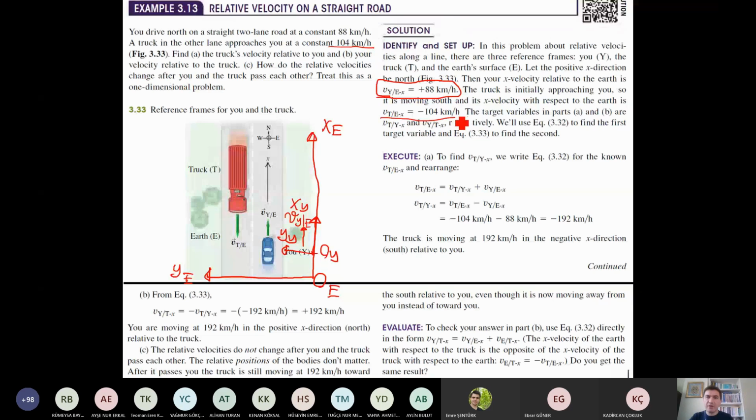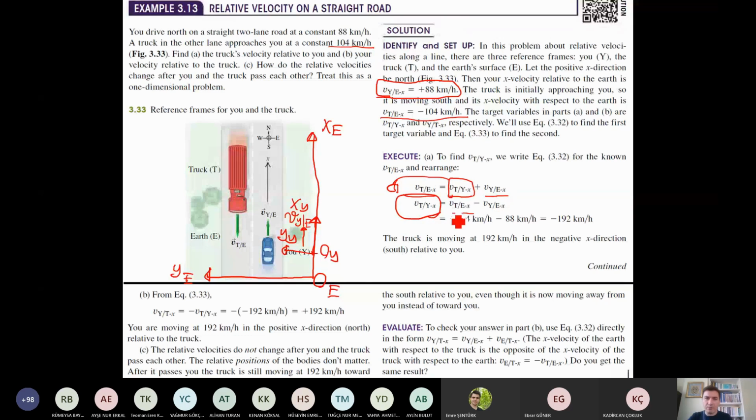So now let's have a look. What is the velocity of the truck relative to Earth? It is given by the velocity of the truck relative to you plus the velocity of you relative to Earth. Or you can take this one to the left side, then we have: velocity of the truck relative to you is equal to velocity of the truck relative to Earth minus velocity of you relative to Earth.